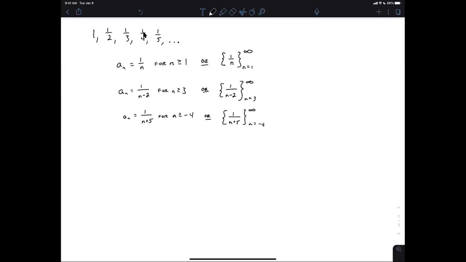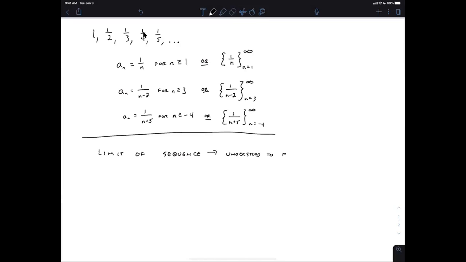Infinity. So when we talk about the limit of a sequence, that's understood to be the limit as n approaches infinity.